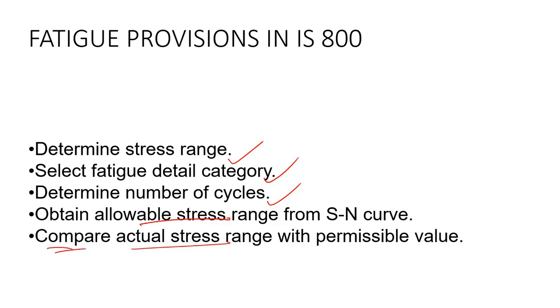Now you may think, what is stress range, what is fatigue detail category, and what is the number of cycles? Throughout this video we will discuss all these technical terms, so don't worry about that.